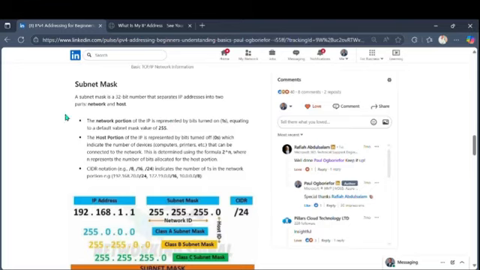Right now, a subnet mask is a 32-bit number that separates IP addresses into two parts, right? Network and host. That is the basic division that it has. The network portion is represented by bits turned on. In school, we're taught that it's between 0 and 1, right?